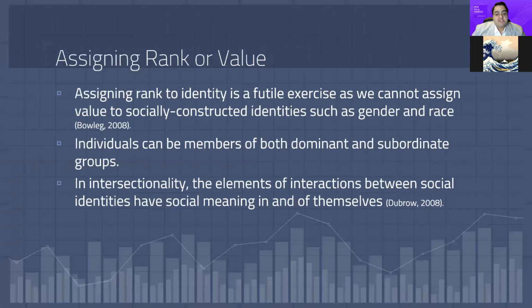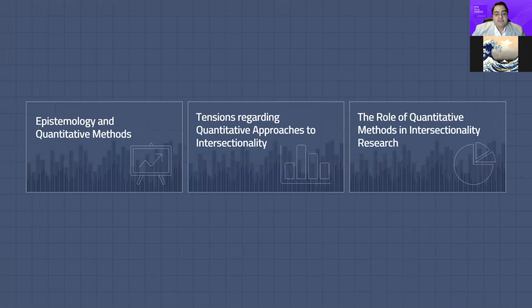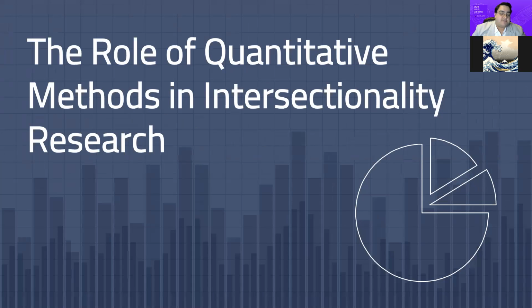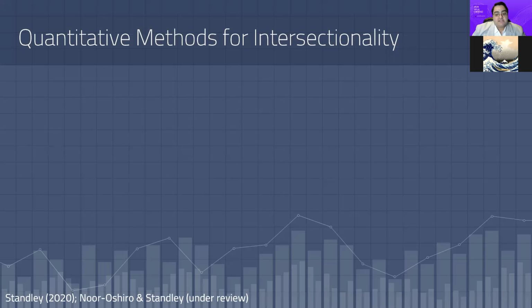So given these tensions, it would seem that, as Boleg stated, quantitative approaches are orthogonal to the critical theory of intersectionality. I would argue that it's possible to capture intersectionality quantitatively, but it has to be done in a thoughtful, informed, and authentic way. And so I think the way to do that is to think about intersectionality at every single step of the research process.